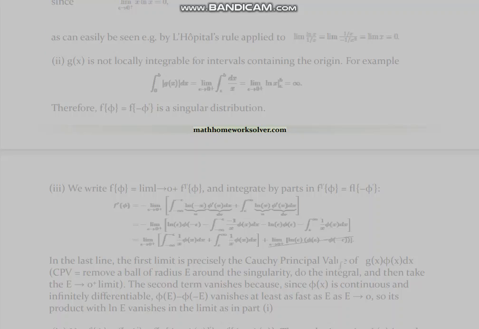MathHomeworkSolver.com 3. We write f(φ) equals the limit as ε goes to 0 plus of f_ε(φ) and integrate by parts in f_ε(φ). In the last line, the first limit is precisely the Cauchy principal value of g(x)φ(x) dx, CPV, which means remove a ball of radius ε around the singularity, do the integral, and then take the ε to 0 plus limit. The second term vanishes because, since φ(x) is continuous and infinitely differentiable, φ(ε) minus φ(-ε) vanishes at least as fast as ε, so its product with ln ε vanishes in the limit, as in part 1. 4.